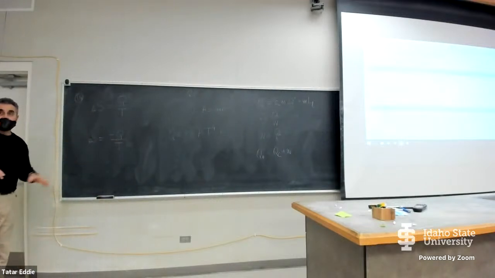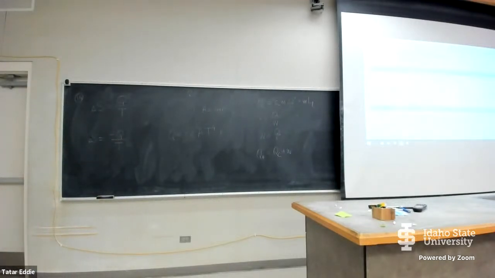And you see that the entropy of the star is going to be dropping, because you have negative Q. So the star gets more organized as it loses energy, and its entropy drops.